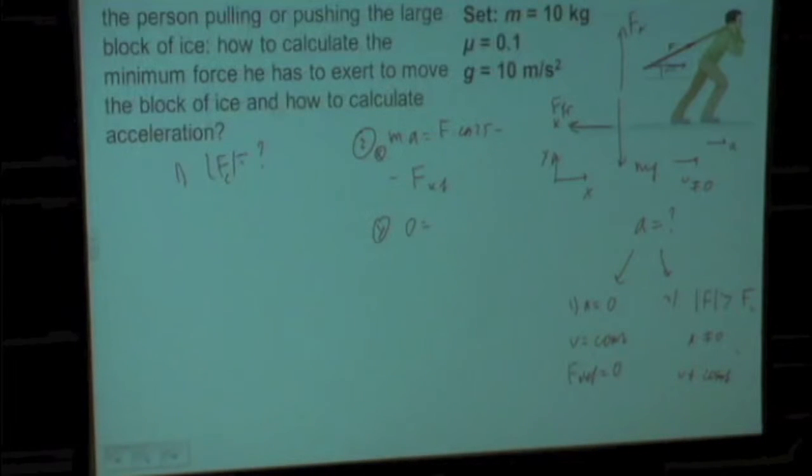So the applied force has a vertical component, which is equal to the magnitude of the applied force times the sine of 25 degrees. Now, the normal force also points up, and the force of gravity points down.